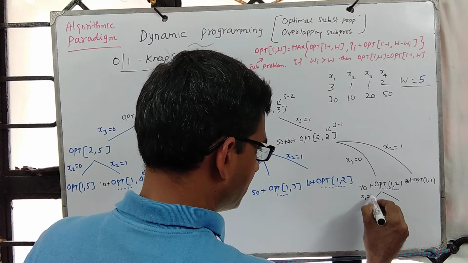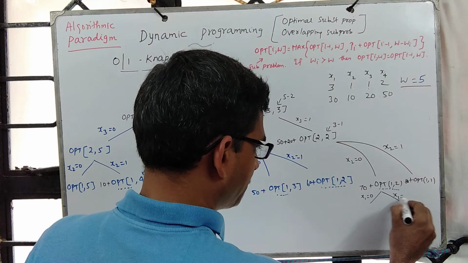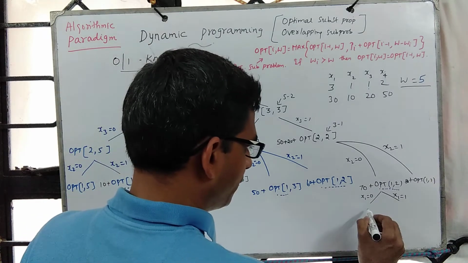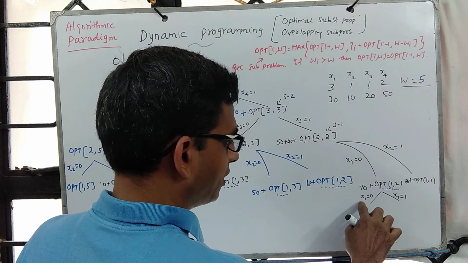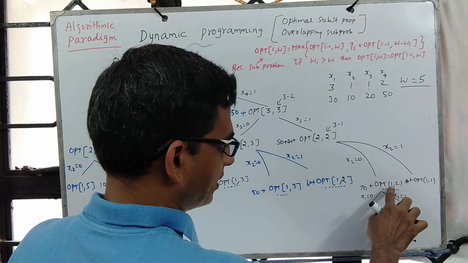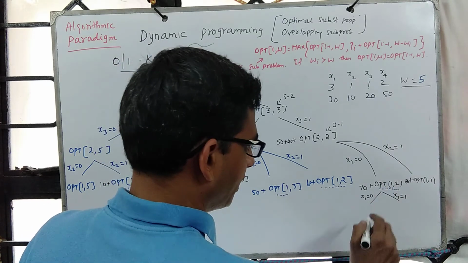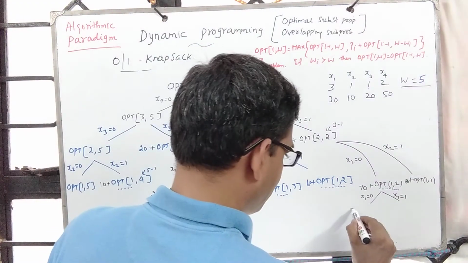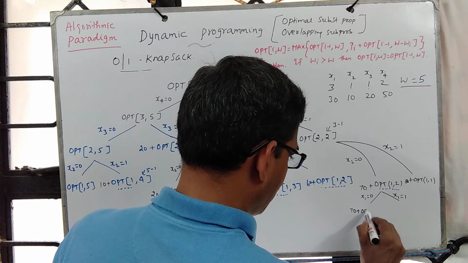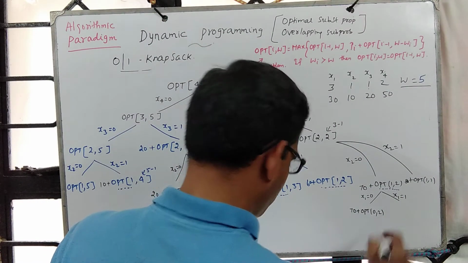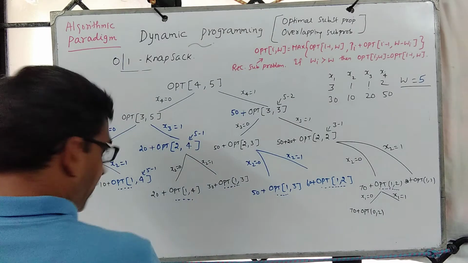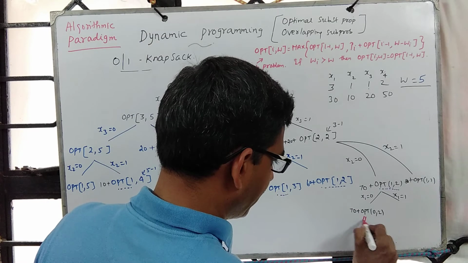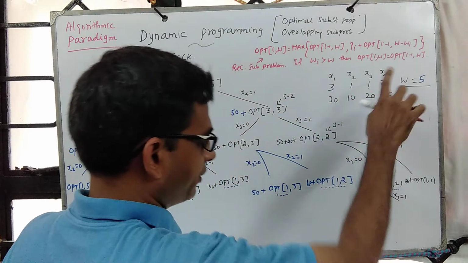x1 equals 0 and x1 equals 1. This says do not include x1, so this becomes 0 comma 2, so this will be 70 plus opt of 0 comma 2. When we say 0 comma 2, it means we have exhausted all the objects.